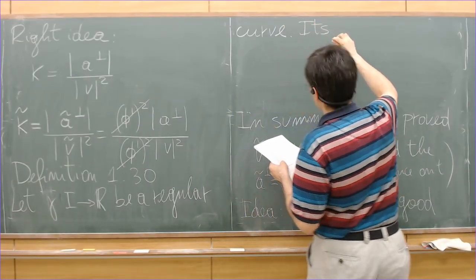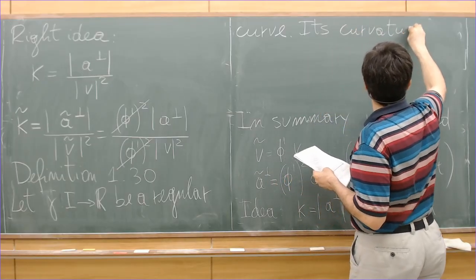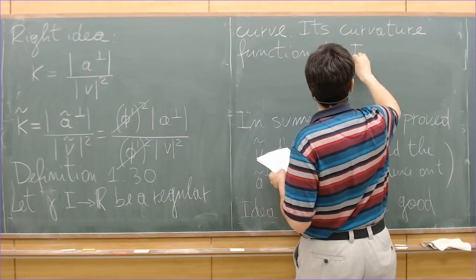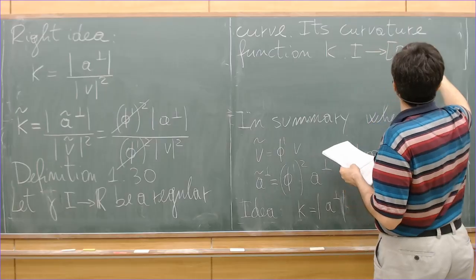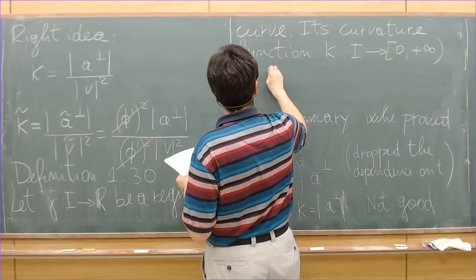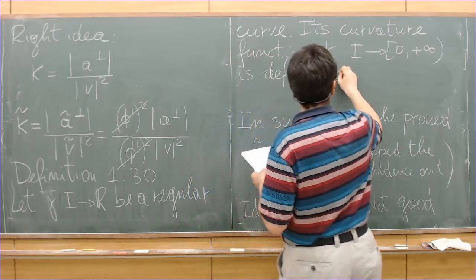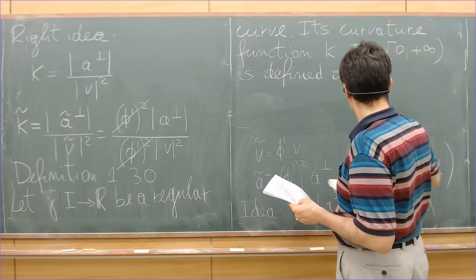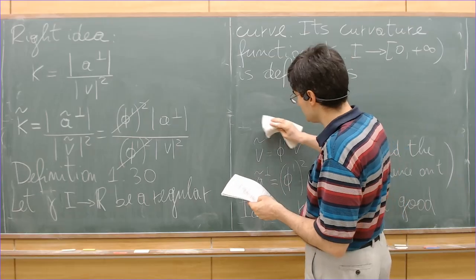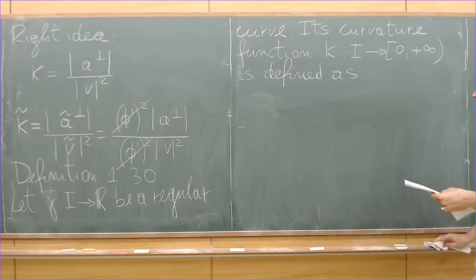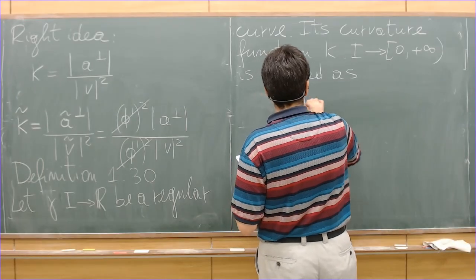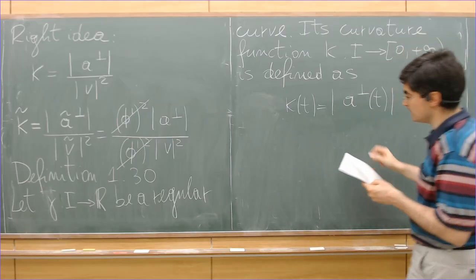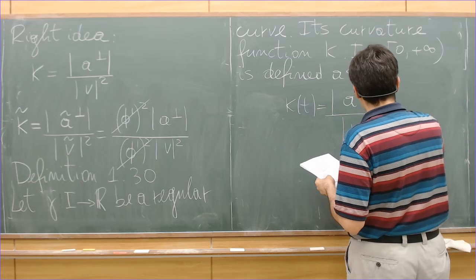Its curvature function k from I with values in [0, +infinity) is defined as k of t equal to the length of A orthogonal of t divided by the length of V of t squared.